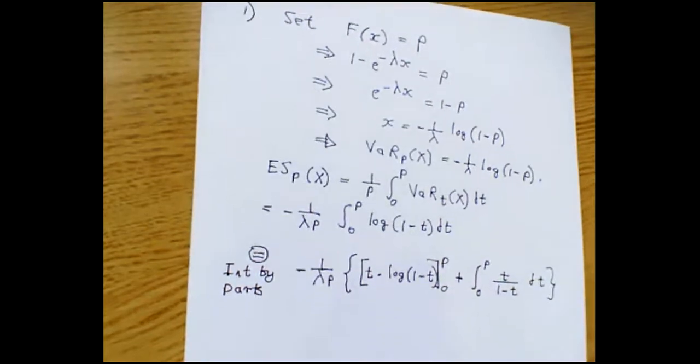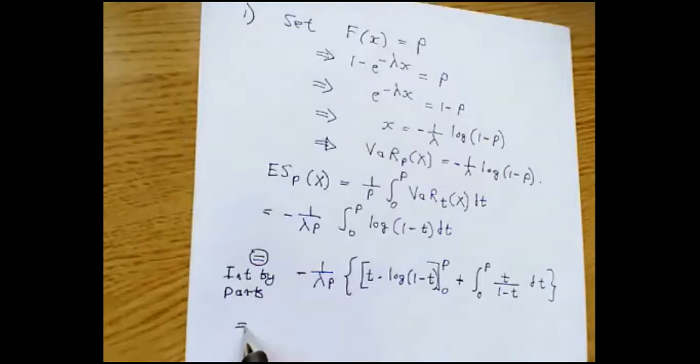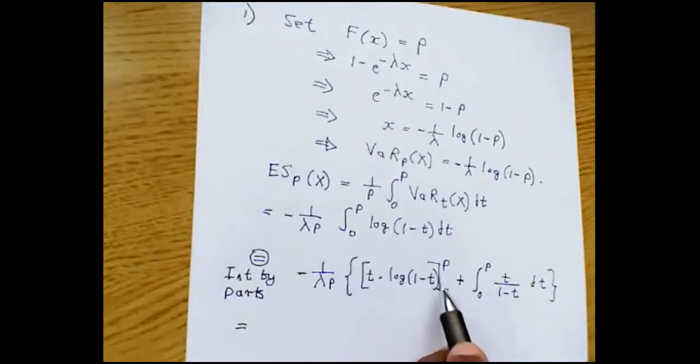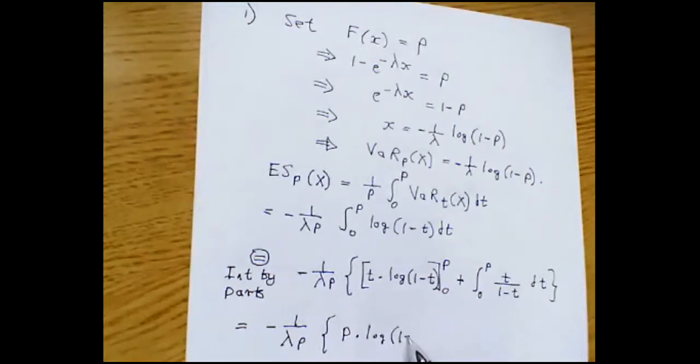This is what you will get. And the limit at 0 is 0. The limit at p is just this, so it's going to be minus 1 over lambda p times p times log of 1 minus p. The limit at 0 is 0.